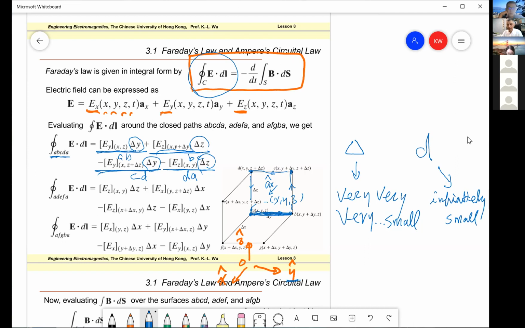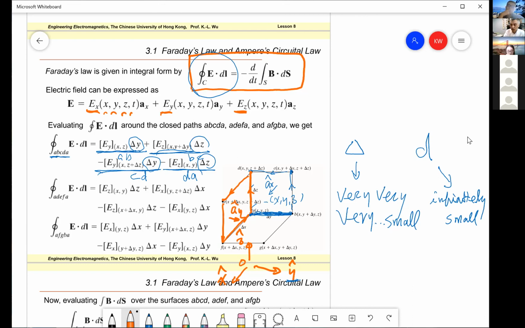Then if I can conduct this, I can also repeat this over another area. I change the color. I can go A, D, E, F. In this case, this is my normal direction in the y direction.